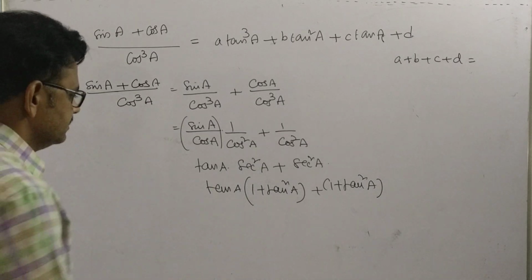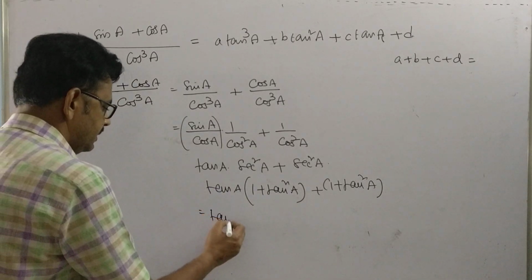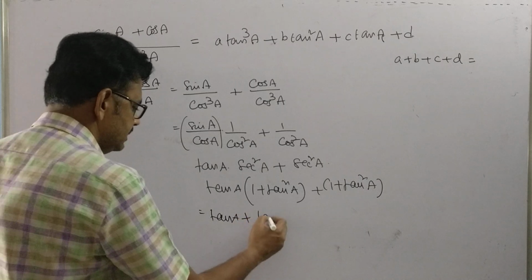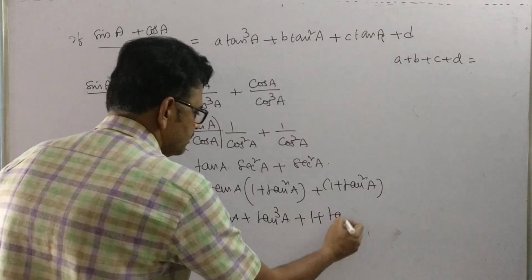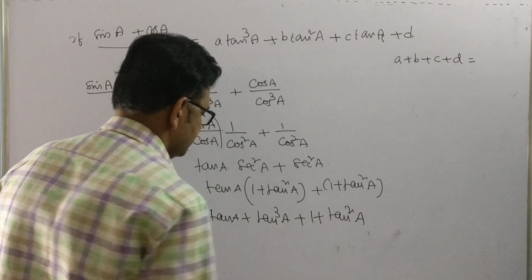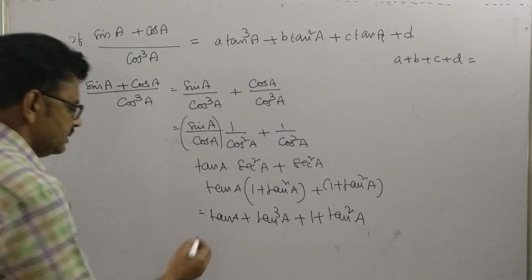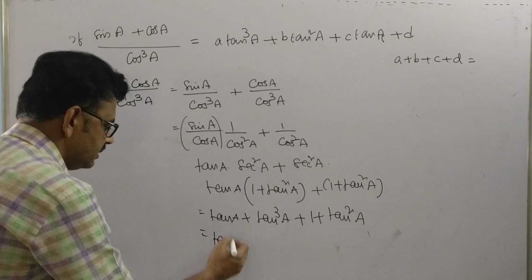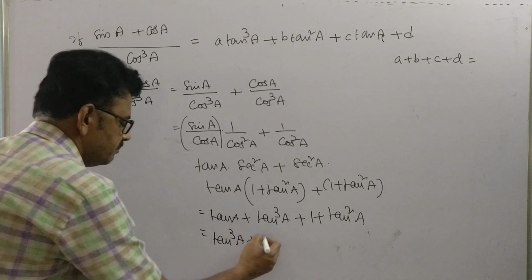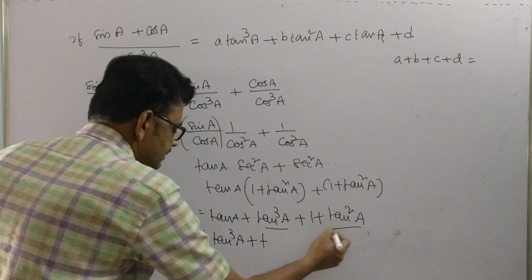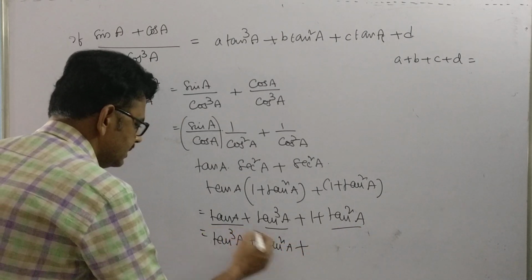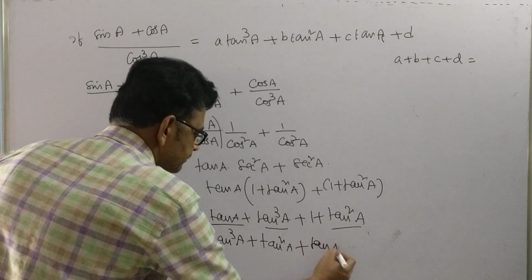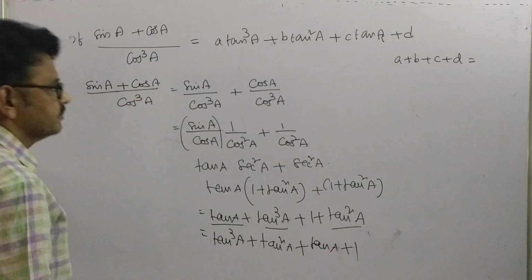By multiplying this, tan a + tan³a + 1 + tan²a. So that is equal to tan³a + tan²a + tan a + 1.